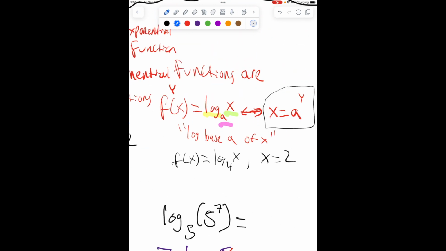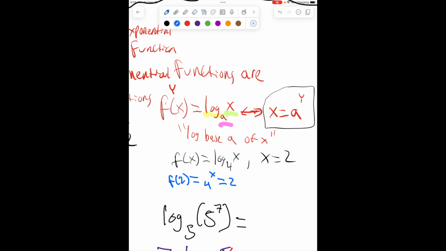Here I'm looking at log base 4 of x when x is 2. So again, if I were to plug that in, I like to change it into the exponent form. So again, it would be 4 to what power gives me 2.